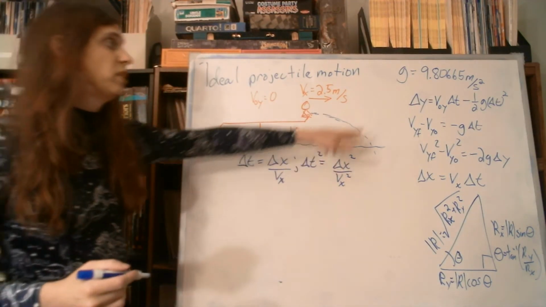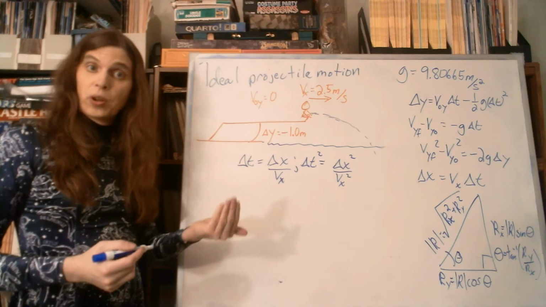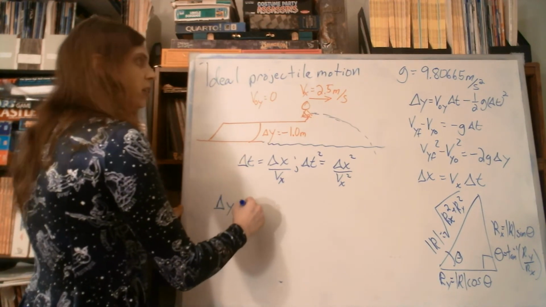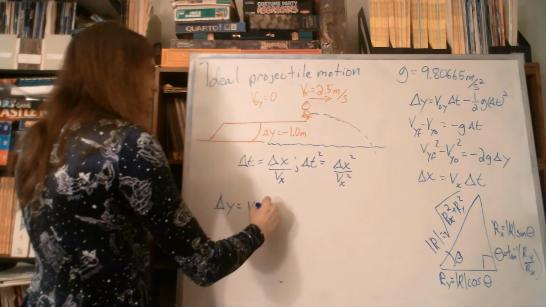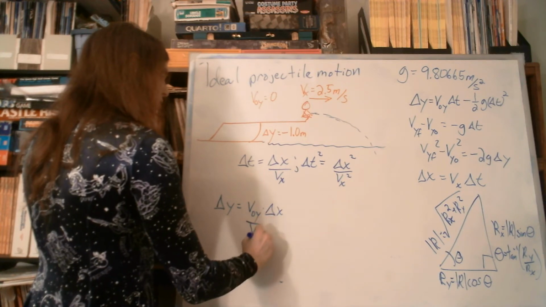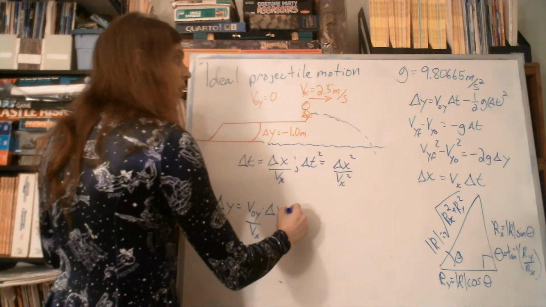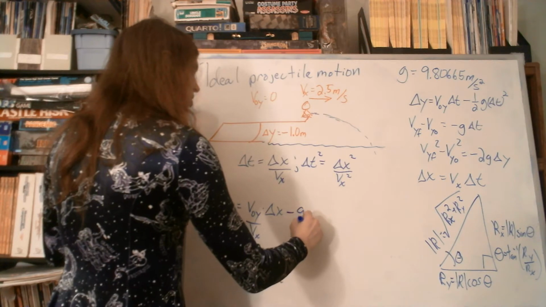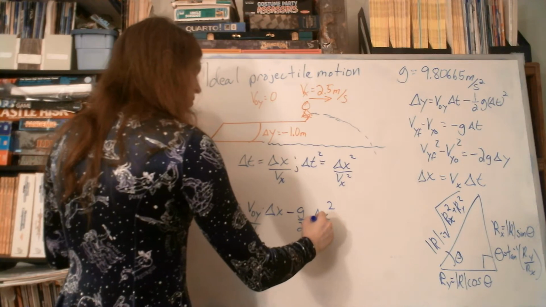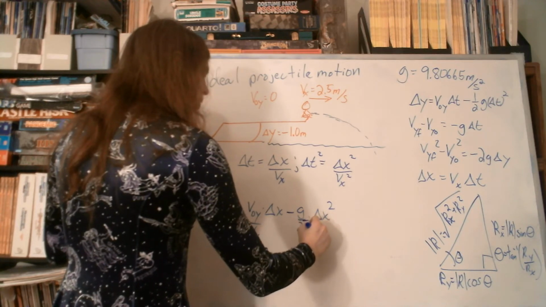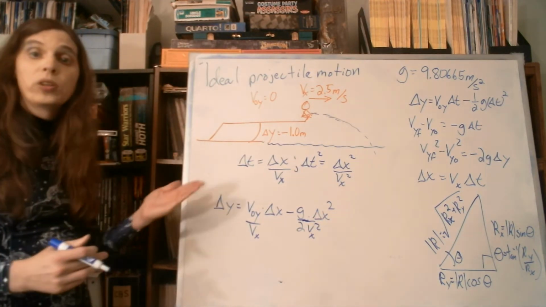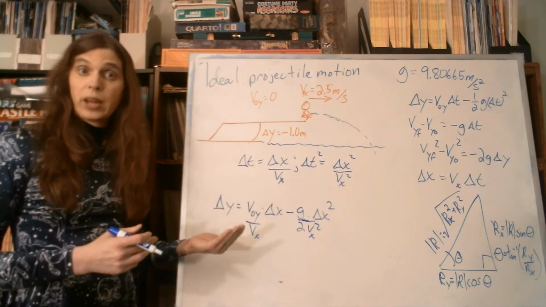If we substitute these into our equation for what's going on vertically, we get delta y is V original y times delta x over Vx minus g over 2 times delta x squared over Vx squared. And so here too, we have a quadratic equation.